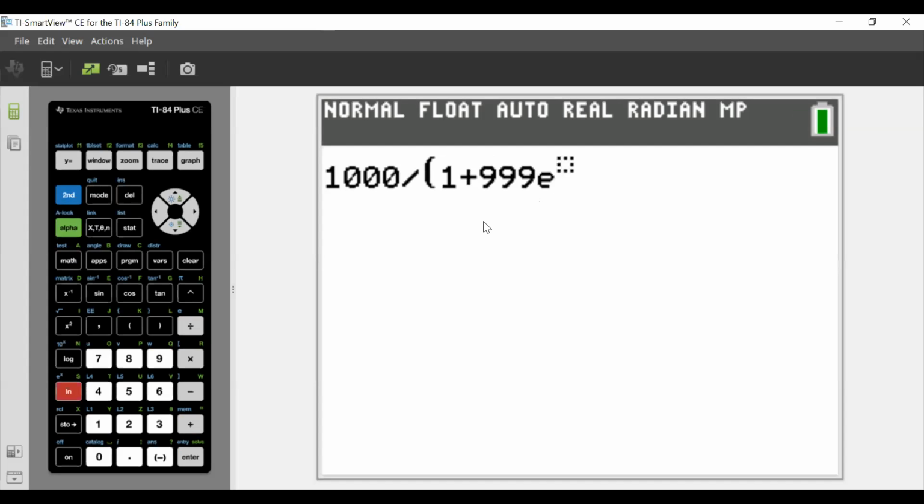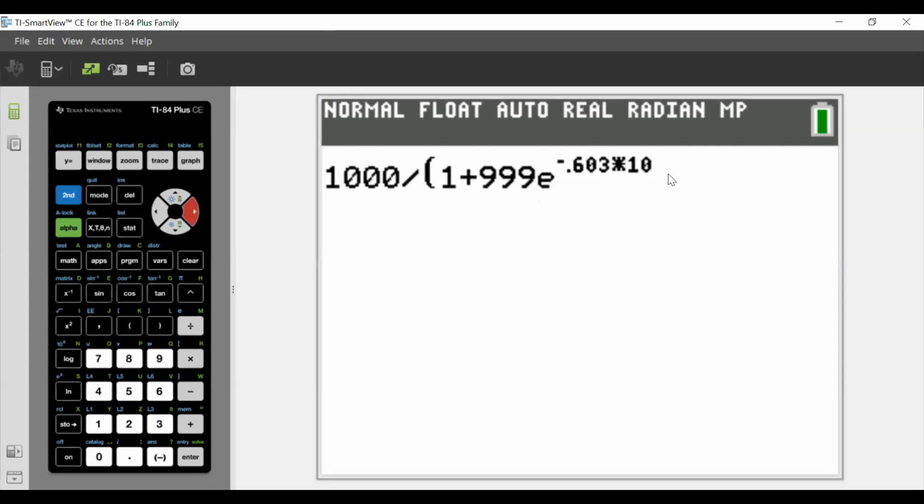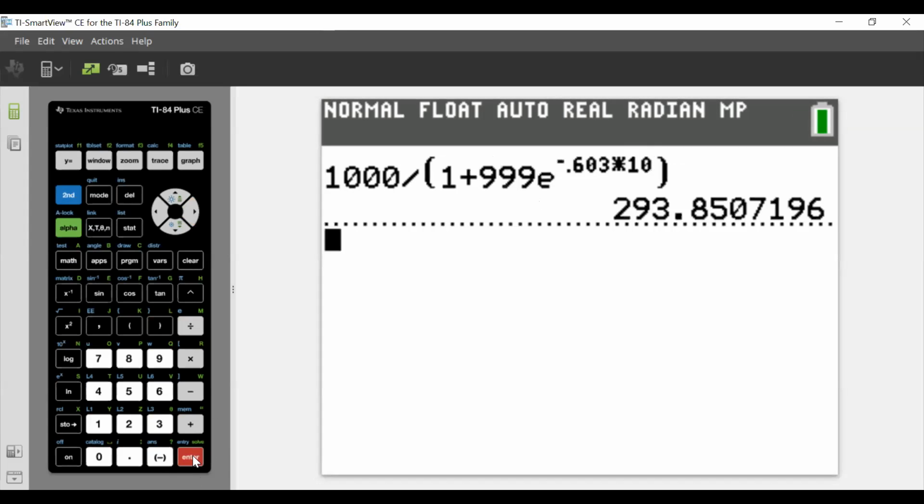Now it's raised to the power, so now we have a negative 0.603, and then the first one was times 10. Now don't forget to arrow down so we have the parenthesis on the same level, and then another parenthesis. And so that's going to be 293.85. So I'll write that down, equals 293.85. So that's going to be roughly 294 people.